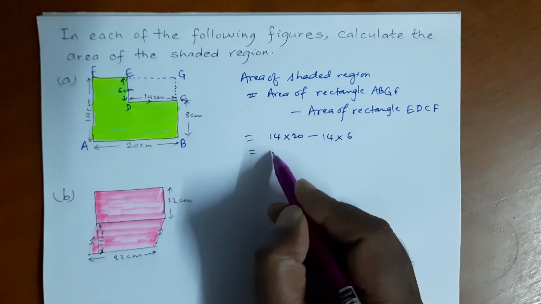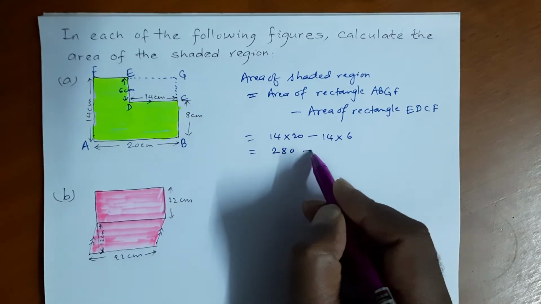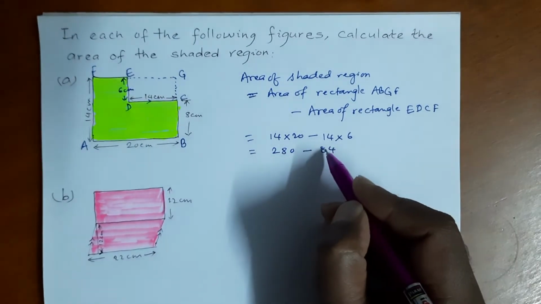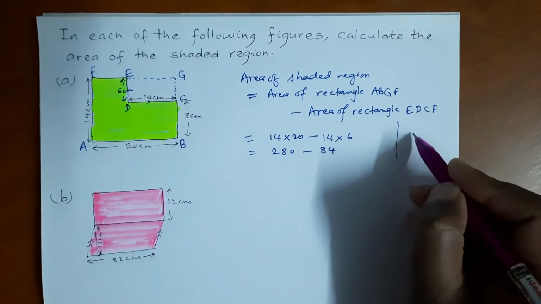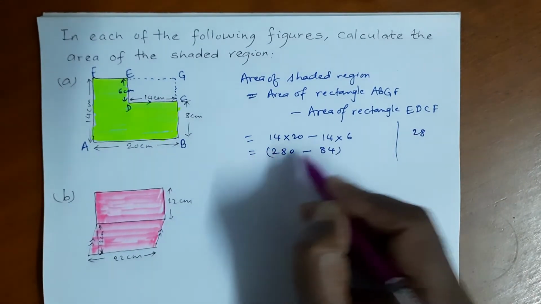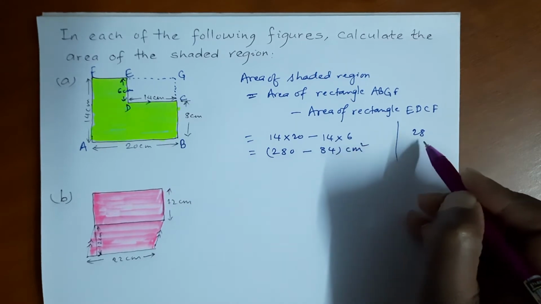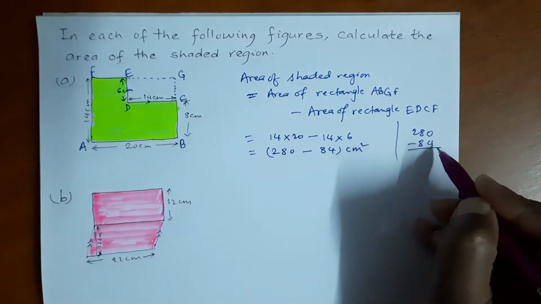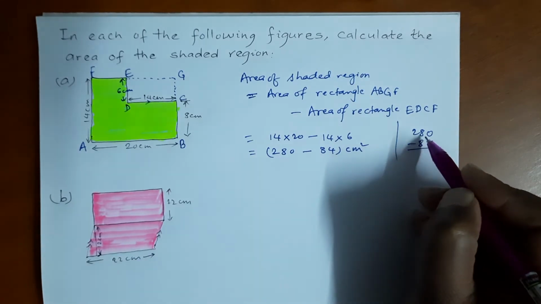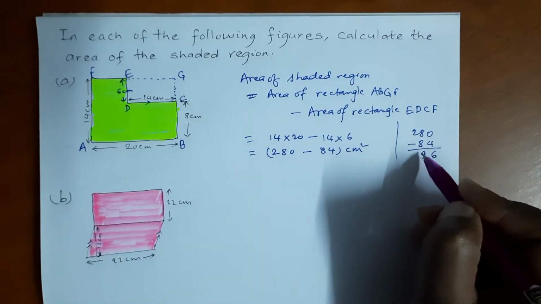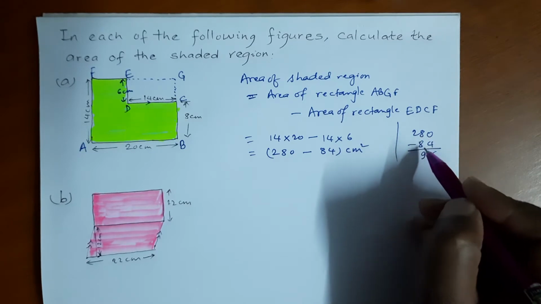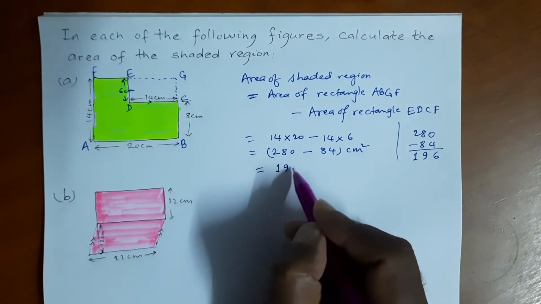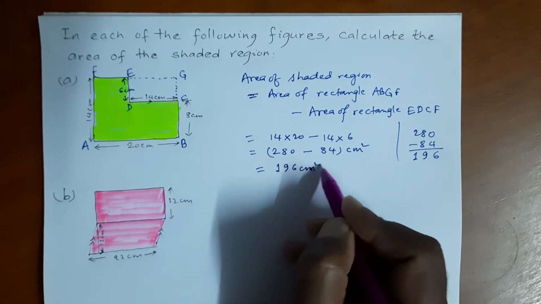That will be 280 minus 84 cm square. If you subtract this, we will get 196 cm square.